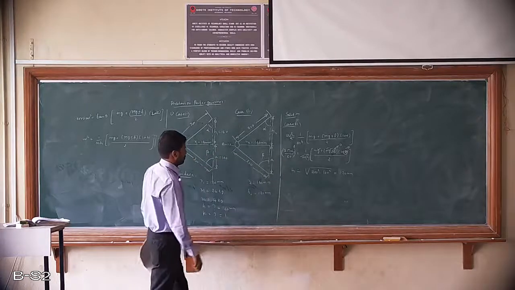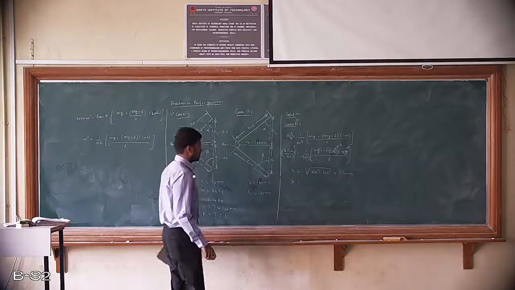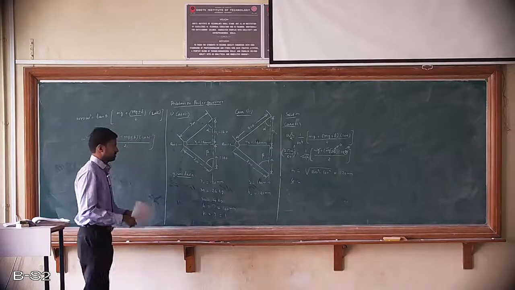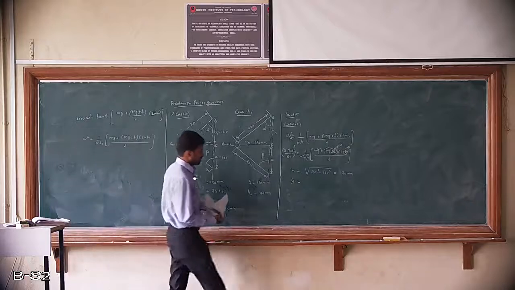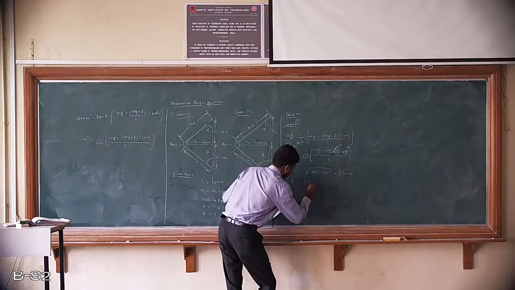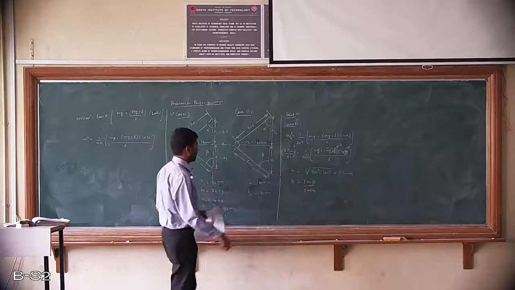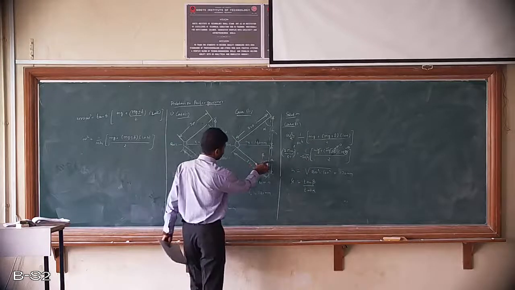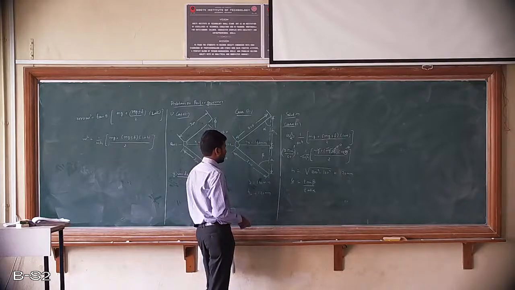Now let us calculate the value of k. To calculate the value of k, you can use the equation tan beta by tan alpha. So the equation for tan beta is opposite by adjacent.